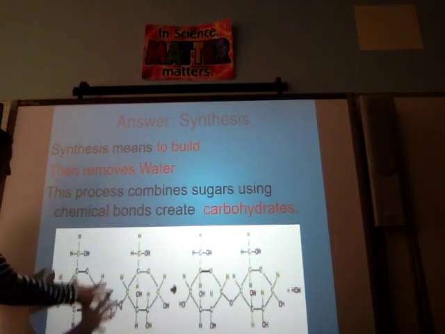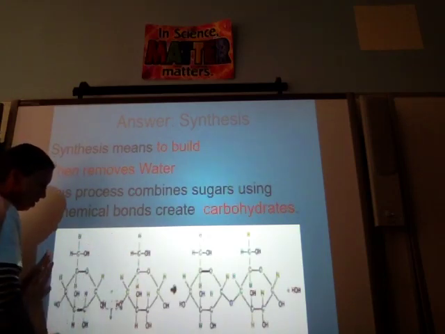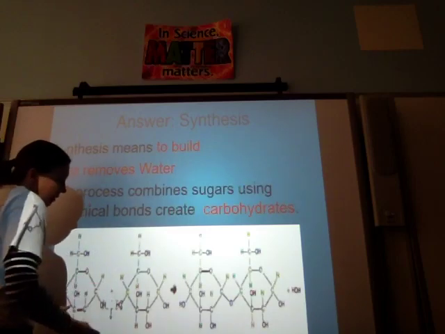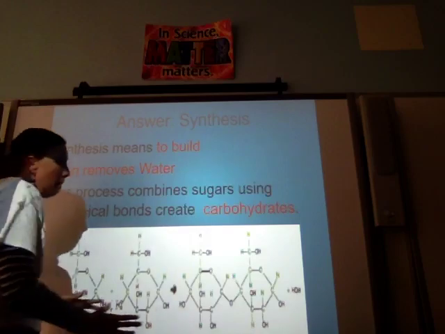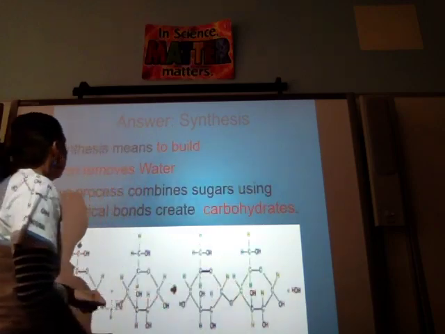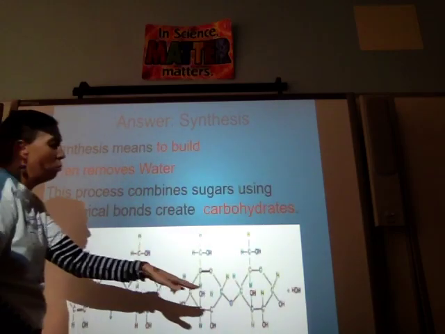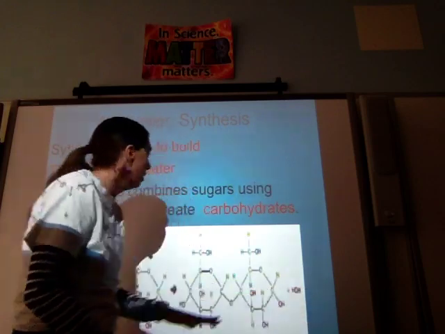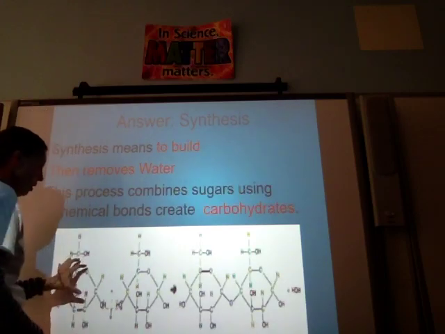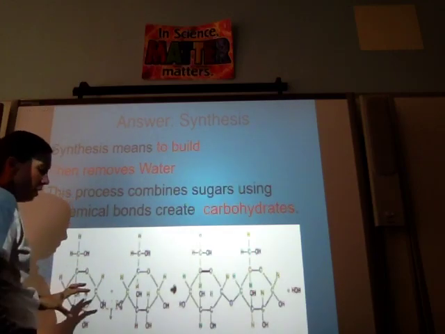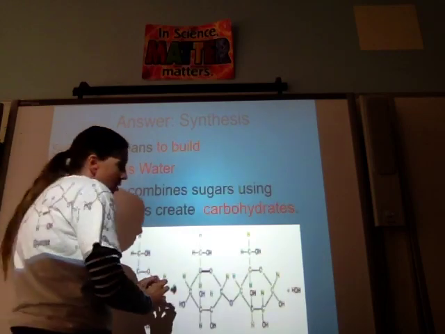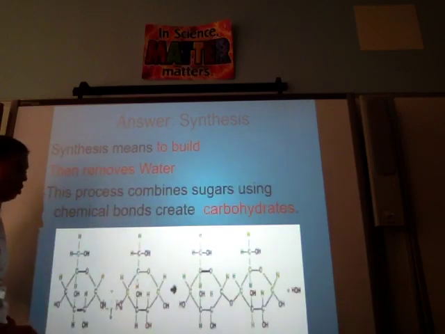So notice in this picture here with the structural formula, and then underneath the chemical formula, it takes the structure plus another structure, and it builds them together, or it puts them together. That's called synthesis, and it removes the water, which is why you see water at the end over here, and that's a byproduct. And that's when 1 glucose plus another glucose combine together to make a larger molecule.